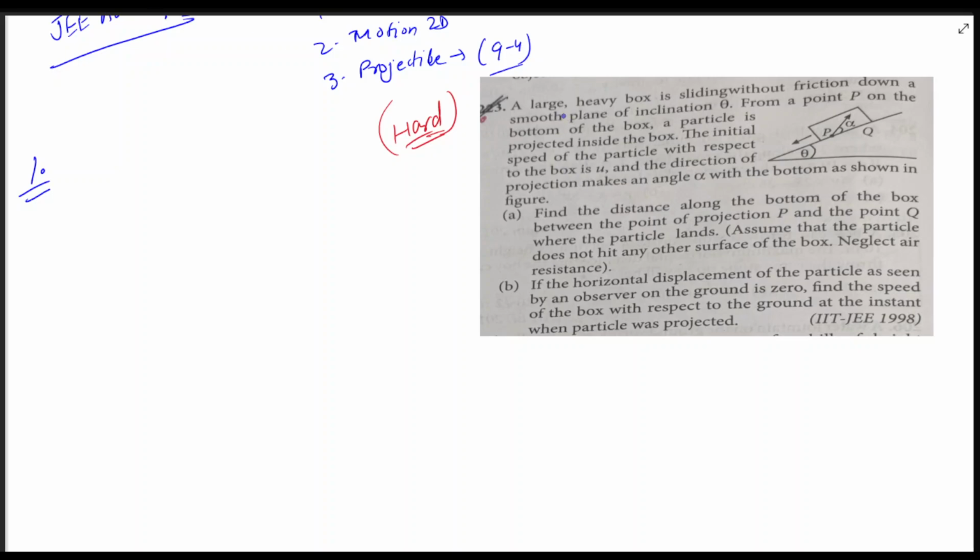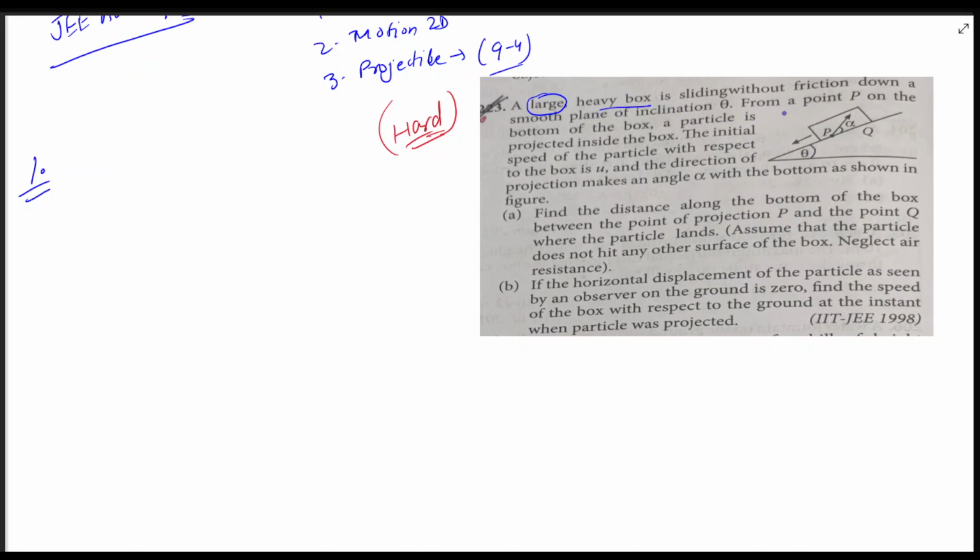A large heavy box is sliding without friction down a smooth plane of inclination theta. Look, this is a large and heavy box, so heavy, it can have any mass, but in kinematics we actually do not need these masses.